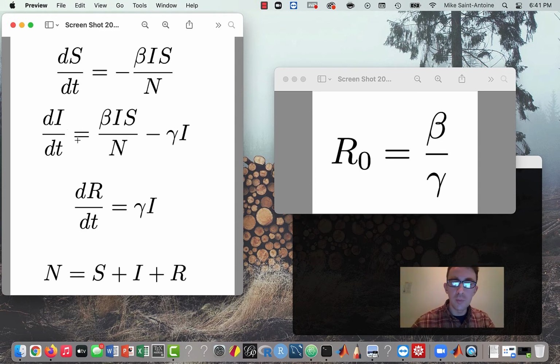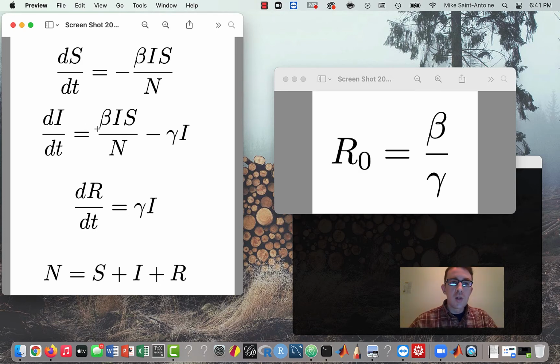These are the infected people. However many people are leaving the S state are all becoming infected and entering the I state. So it depends on beta and the level of I and the level of S, all put over N, the total number in the population in all the states.